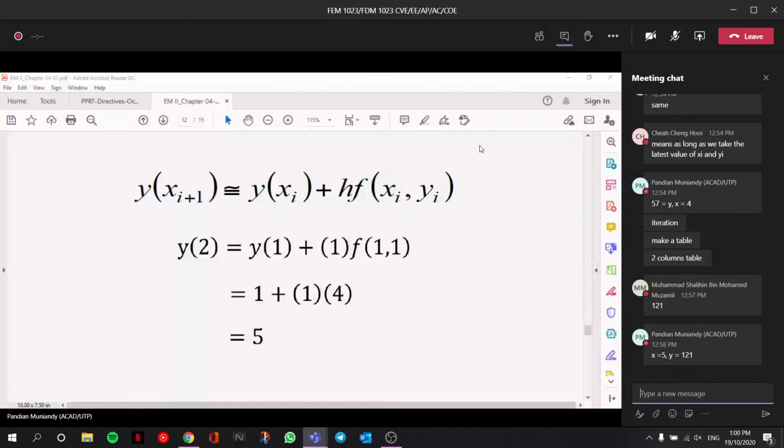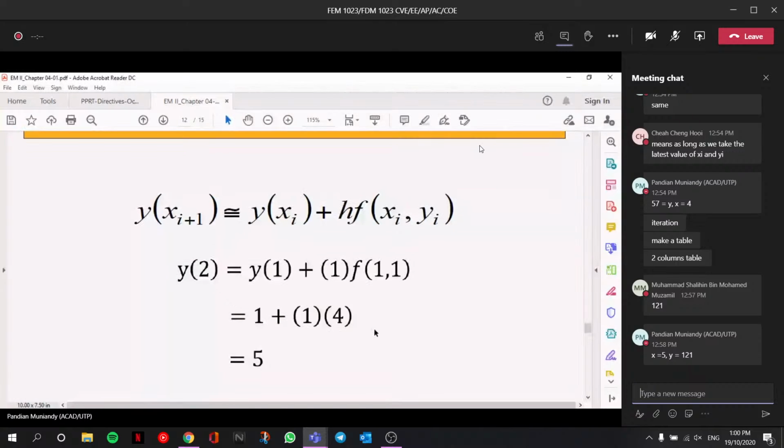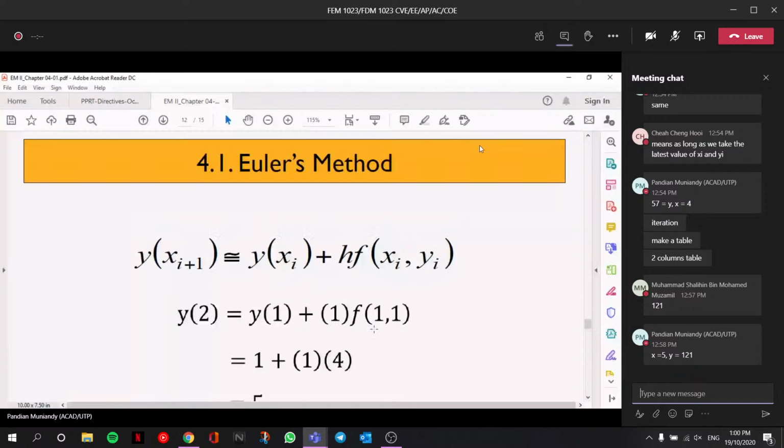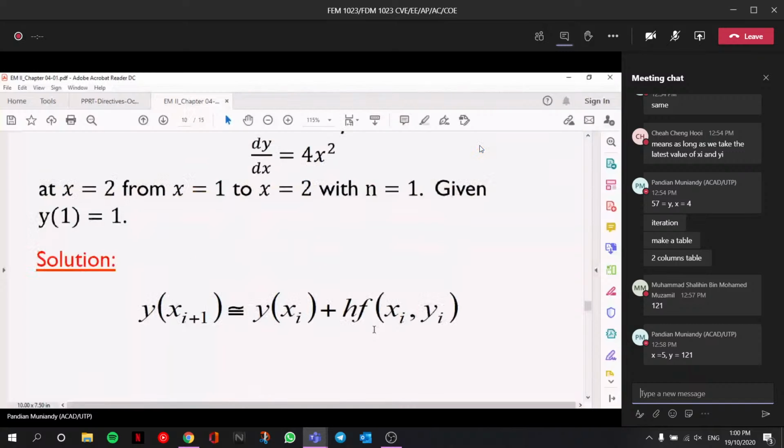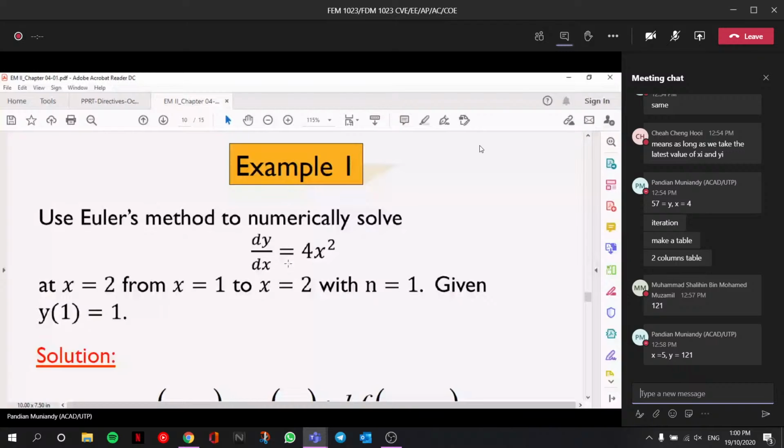Now this problem maybe looks simple, because if you go back, it can be solved by separation of variables. This is a separable differential equation.